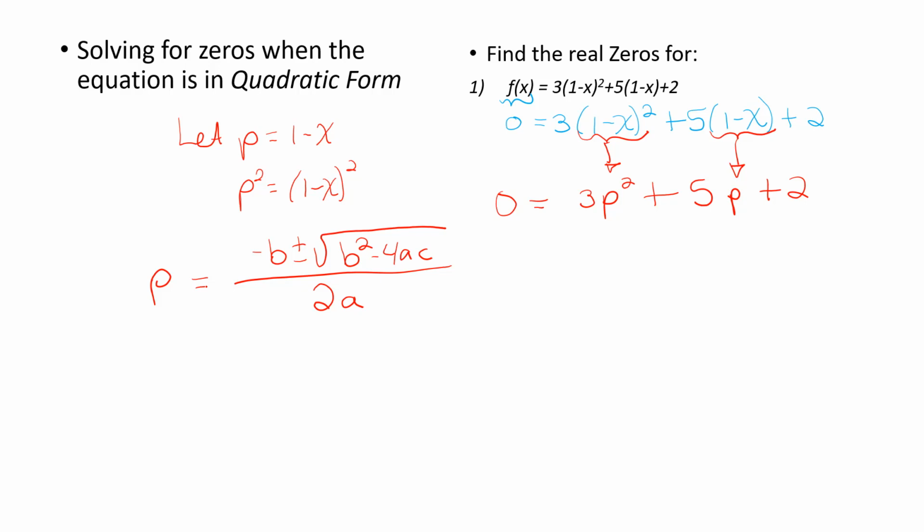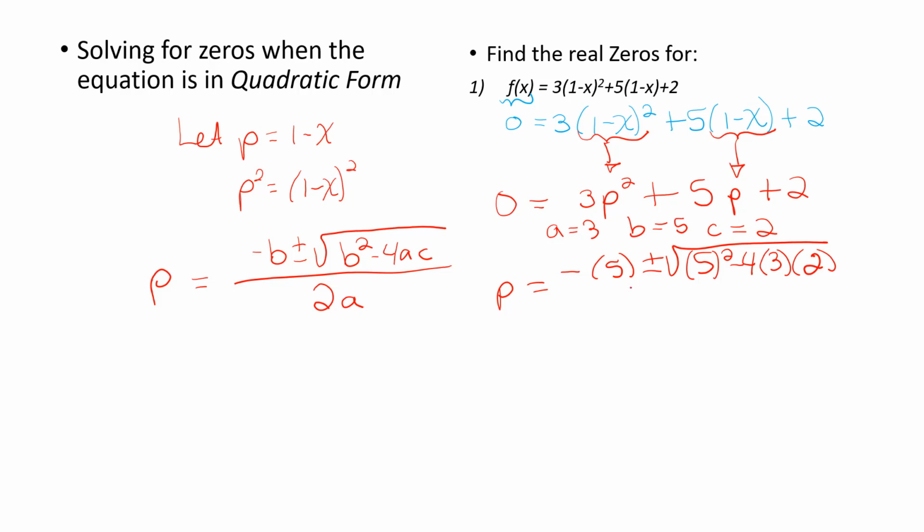But first, let's find P. So our a is 3, our b is 5, and our c is 2. So when we plug into the quadratic formula, we find that P equals the opposite of 5 plus or minus the square root of 5 squared minus 4 times the a, which is 3, times the c, which is 2, all over 2 times a, which is 3.